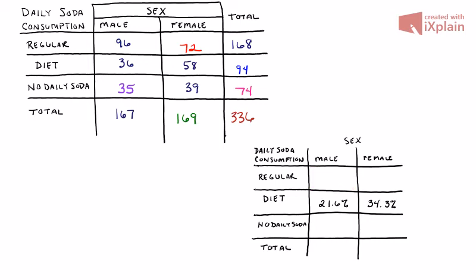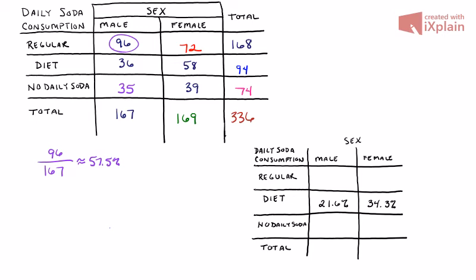So of the males, I know that I have 167 males in this survey. 96 of them have a regular soda drinking habit. So if we were to divide this and convert it into its decimal format and round to the tenths place, we get that 57.5% of men have a regular soda drinking habit.